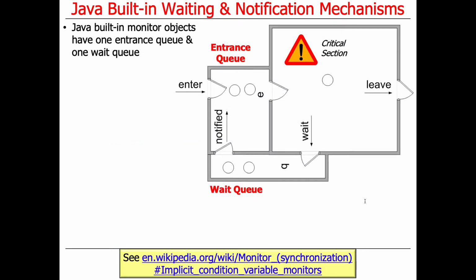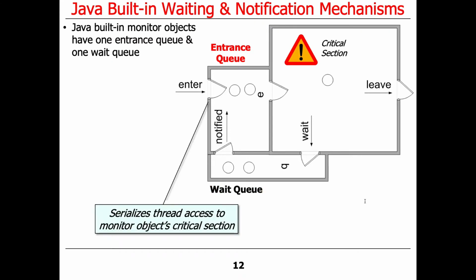Here's typically the way you would do this. You have to remember that monitor objects have a single entrance queue and a single wait queue. So they have a single intrinsic lock. That's what the entrance queue is related to, and a single wait queue, which is what the intrinsic condition relates to. It just only got one. The entrance queue is used to serialize access into the critical section.